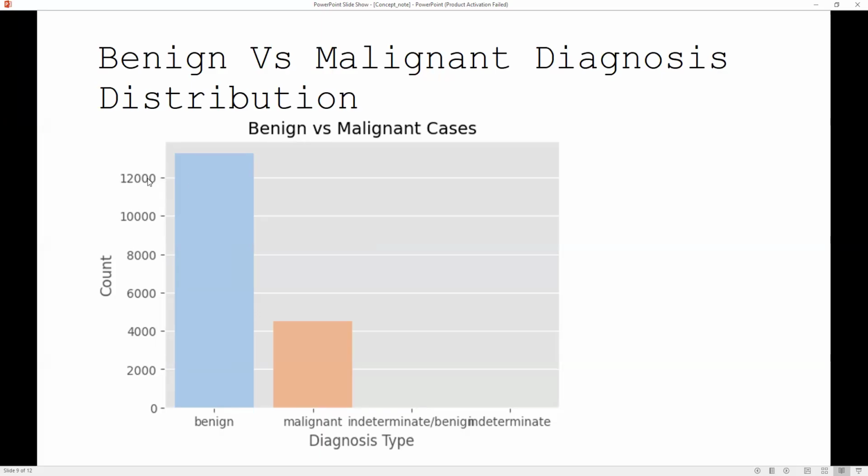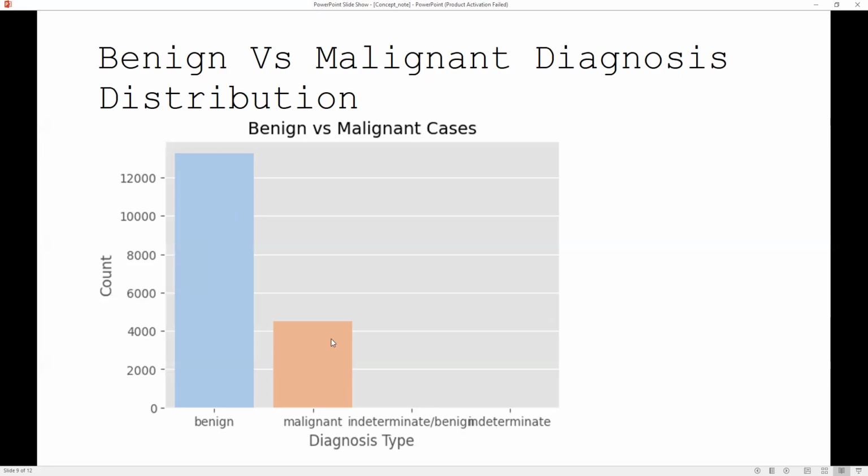So we see that benign has a count of over 12,000, and malignant has a count of 4,000. That means the number of rows benign has is over 12,000, yet malignant has around 4,000.